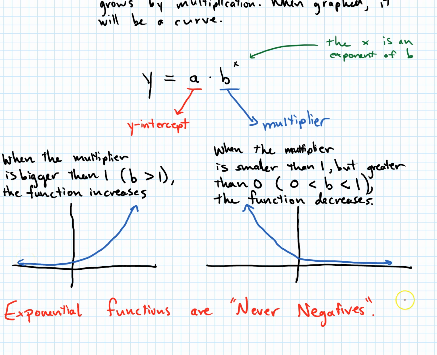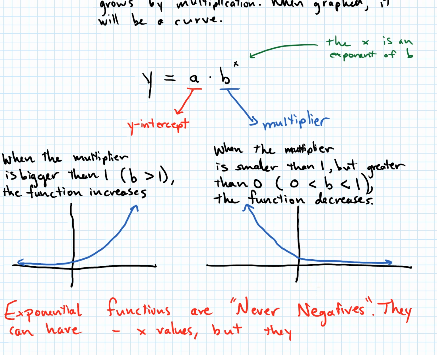They're never negatives. They can have negative x values, but they will never have negative y values. They're never going to cross under into the negative y values.